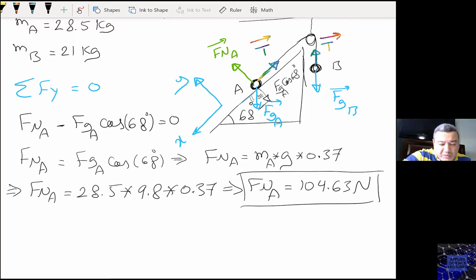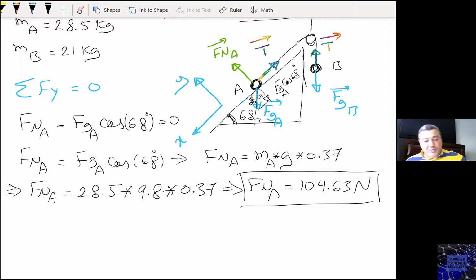In answering the second question, or the first question, can you please go over how you decided FGA would be cosine and not sine? Okay. Now, if you look at this triangle, if this angle is 68, assuming it's not accurate, the triangle is not to scale, but if this angle is 68 and this is 90, then this angle is the complement, right?